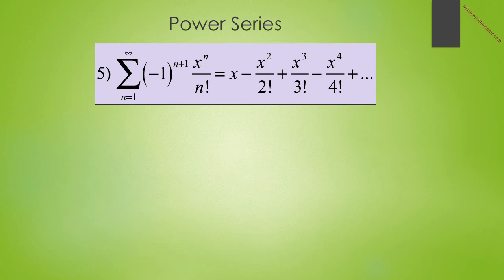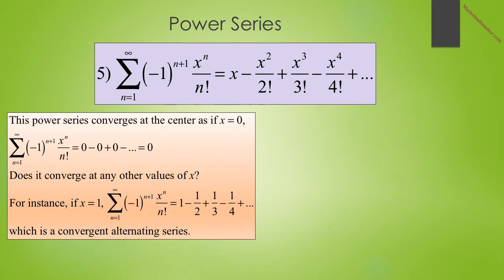For the power series, summation n equals 1 to infinity of negative 1 to the n plus 1 times x to the n over n factorial, which expands to x minus x squared over 2 factorial plus x cubed over 3 factorial minus x to the fourth over 4 factorial plus dot dot dot. We would like to find the radius of convergence r.